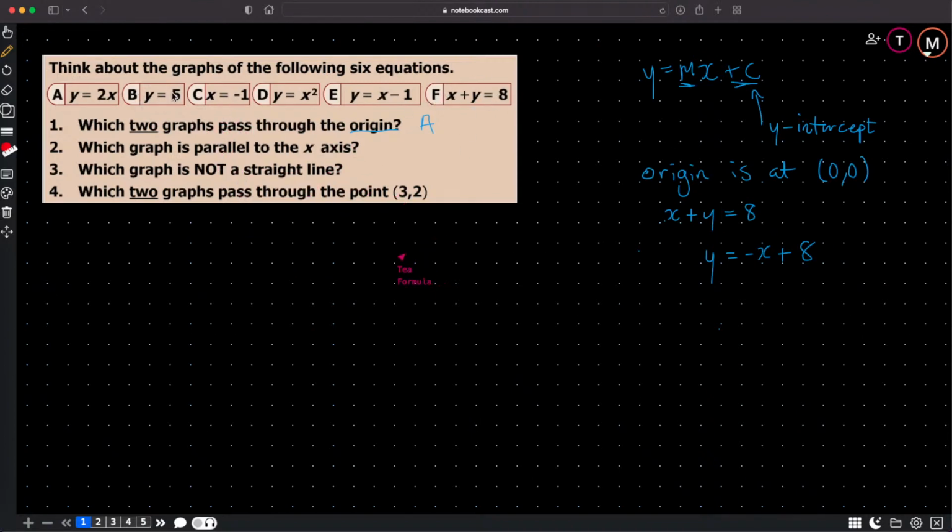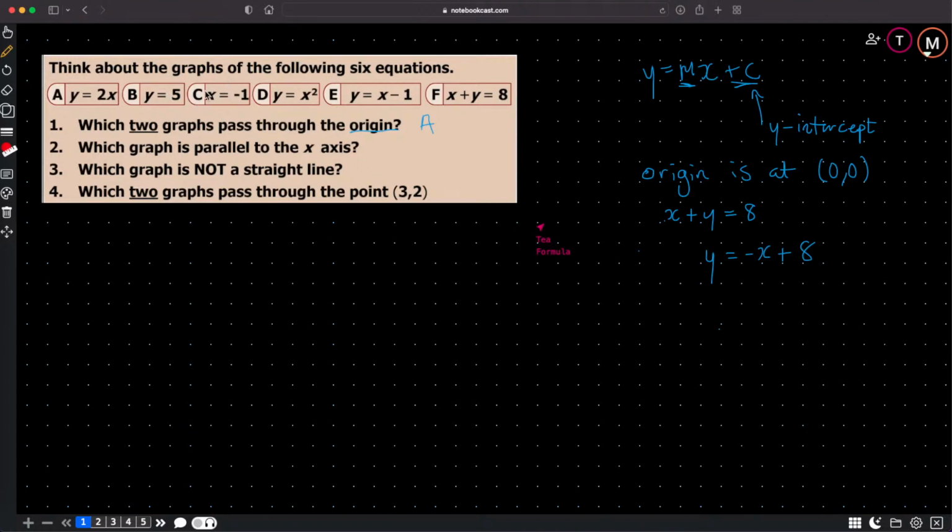B is also not an option because we have the plus c. We don't actually have any mx part of that line. We just have the plus 5, which means the line's going to be a horizontal line going through the y-axis at 5.